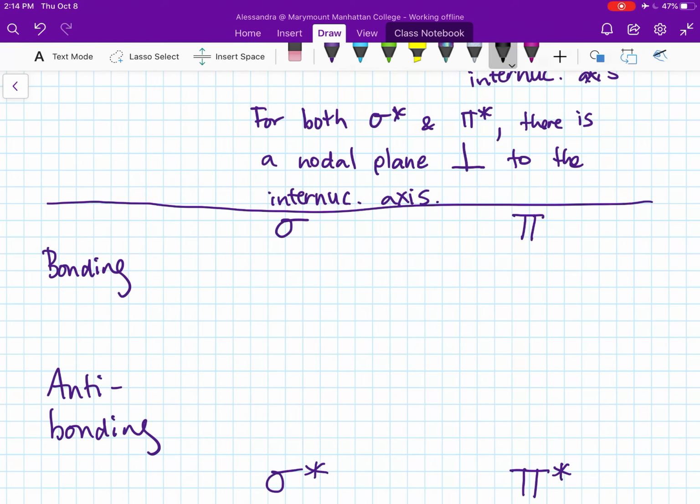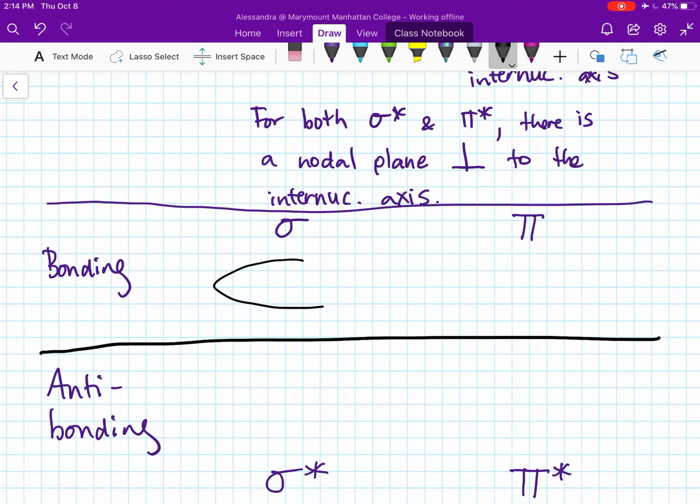So the sigma bonding molecular orbital just looks like a region of enhanced electron density between the two nuclei. The pi bonding molecular orbital has a nodal plane between the two nuclei, and then it's going to have regions of enhanced electron density above and below those nuclei.